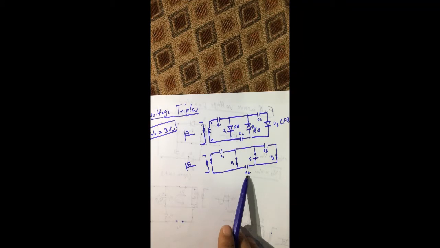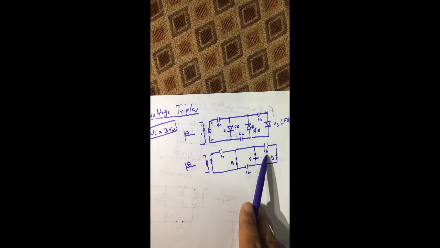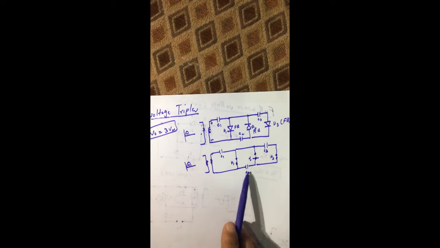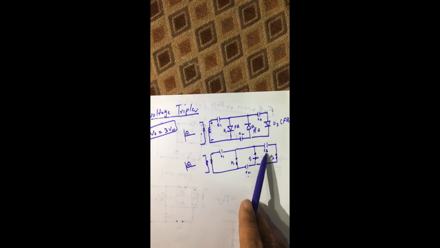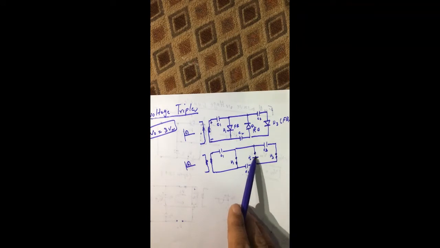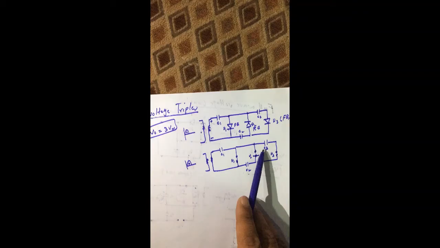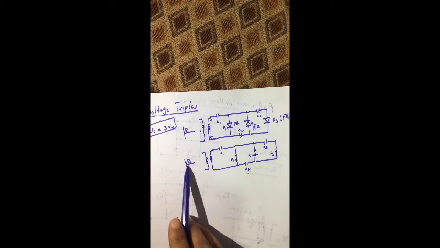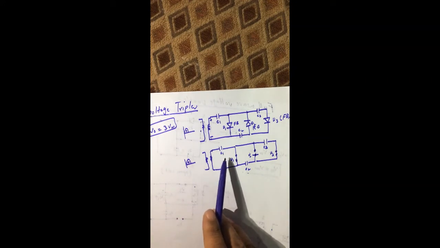C2 is uncharged. And we know that C2 charges first, then C3, because C2 comes first, then C3. So first C2 will be charged, and after that C3 will be charged. C2 cannot charge because this circuit is open, so it means that C3 cannot be charged also. So only C1 charges in this first positive half cycle, and this C1 charges through diode D1.